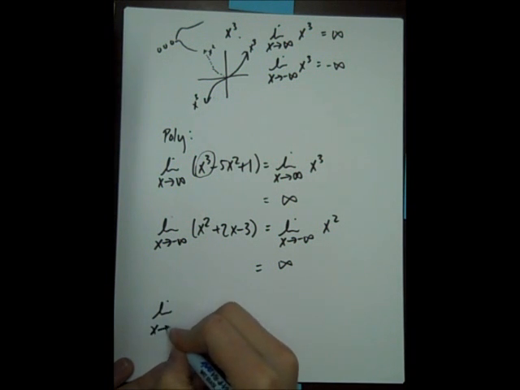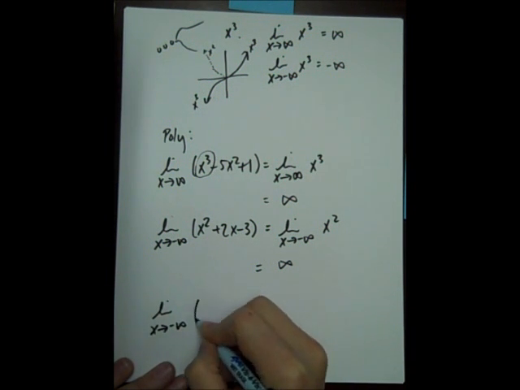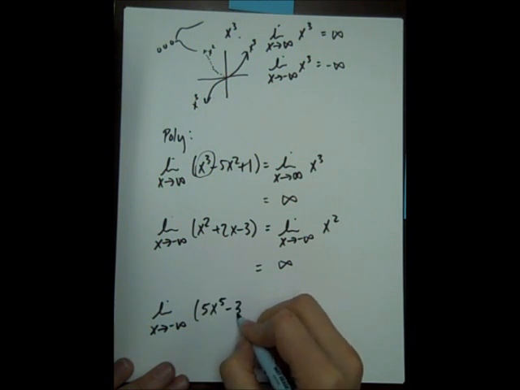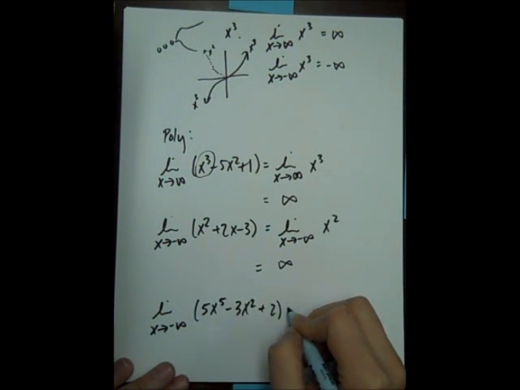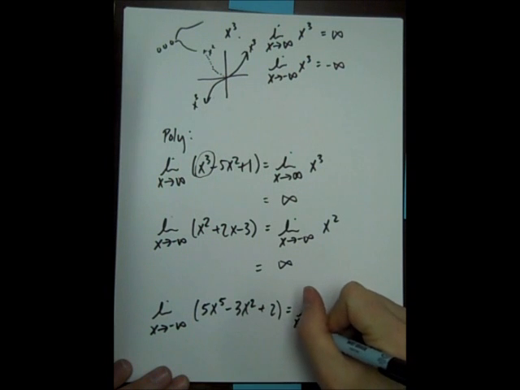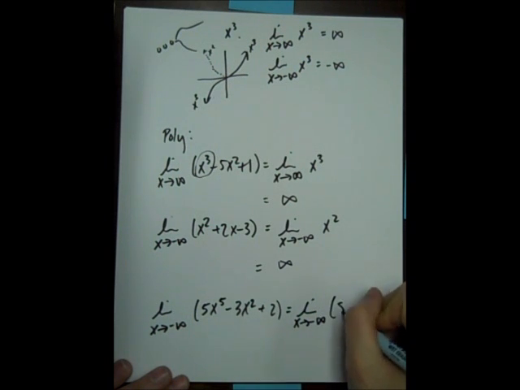And then lastly, what about the limit as x approaches negative infinity of 5x to the fifth minus 3x squared plus 2? So I have a limit at infinity of a polynomial, so it's going to behave the same way as just my leading term. Now it doesn't matter that I have this constant here.